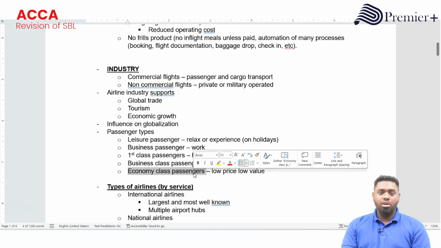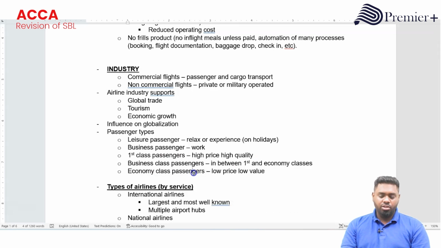Economic class passengers, low price, low value. So typically here they go with a no frills product. If it's budget, no frills, and there are regular airways, yes, there can be some minor facilities. And business class is in between first class and economic class, in the prices as well as the services provided.